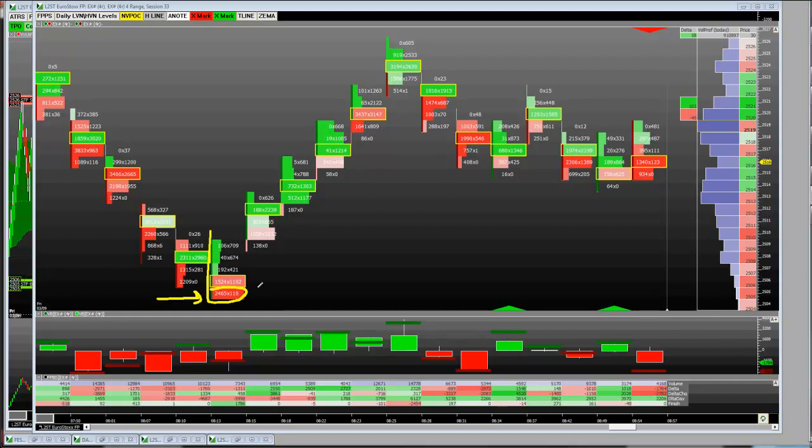So what you see here is that ended up holding, and then it put in what I call the B formation. So this is when a lot of volume trades into the low of the bar, but it still doesn't move lower. So something's got to be happening there.